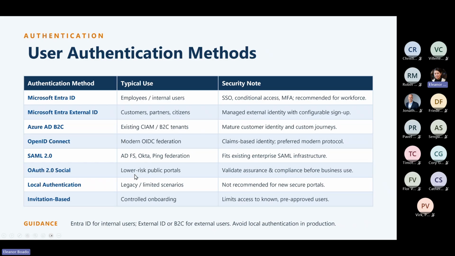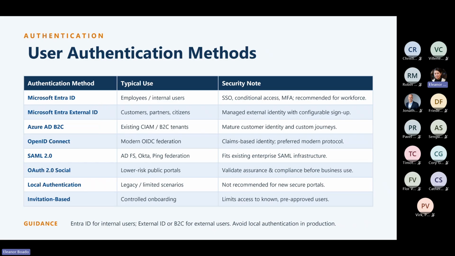There are different ones. These are examples. So Entra ID for employees and internal users, Microsoft Entra external IDs for customers, or you can also use Azure AD B2C, OpenID Connect, OAuth, SAML, local auth. Local auth was used before, but it's not recommended.